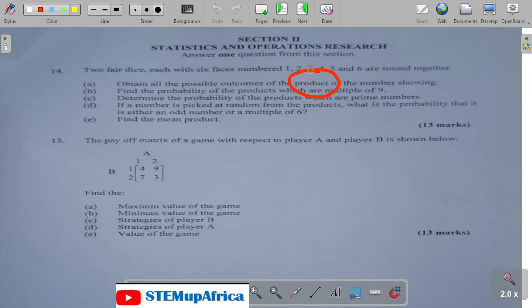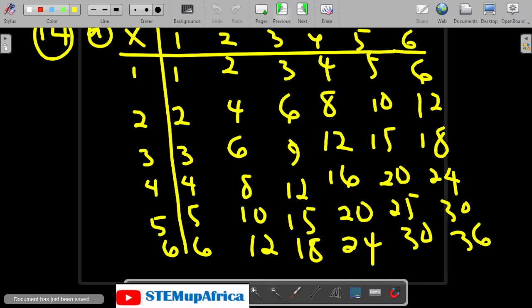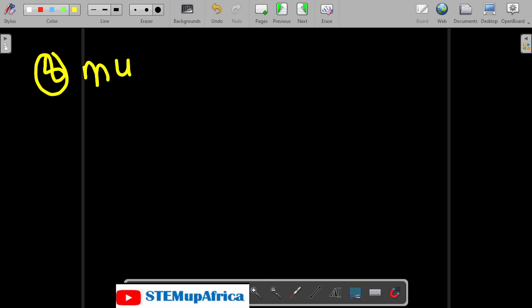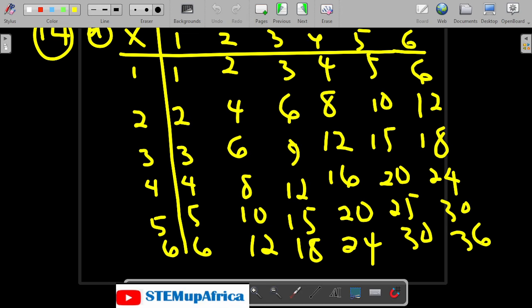So we have done that. Then part B says find the probability of the product being a multiple of 9. So let's find the multiples of 9. Let's go to our table. The multiples of 9 will be 9 itself, 2, 3.